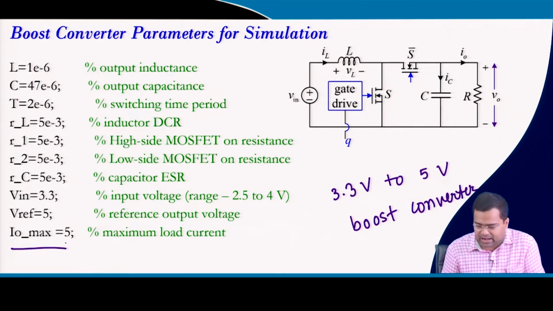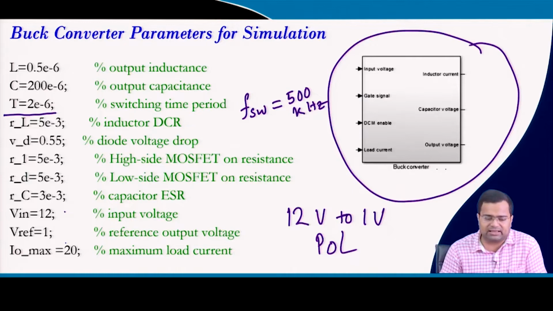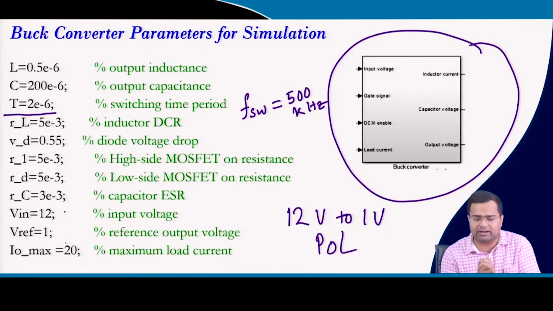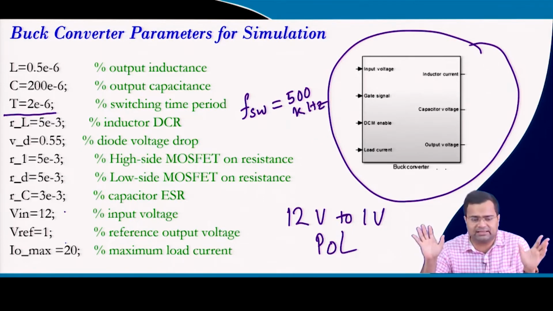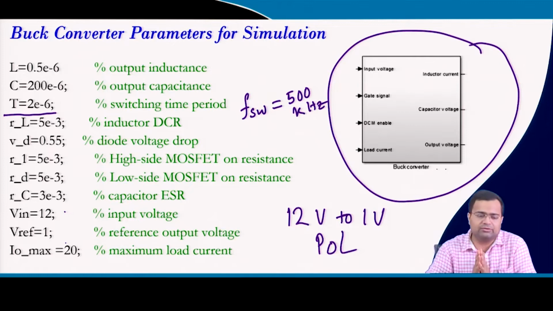But if you look at the two cases, in the first case we are talking about a conventional buck converter, and in Simulink we can actually use a synchronous buck by changing the DCM enable logic. We also want to modify the diode drop, because in a synchronous buck there is no diode and there is no question of diode drop.